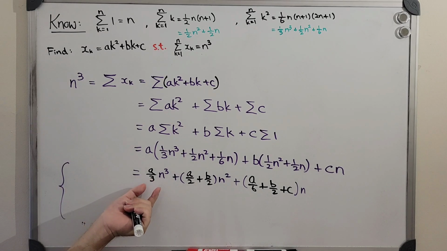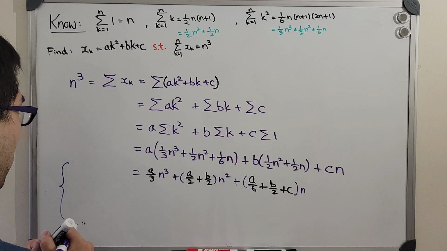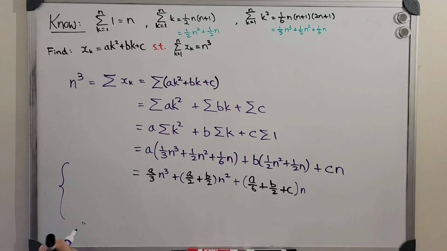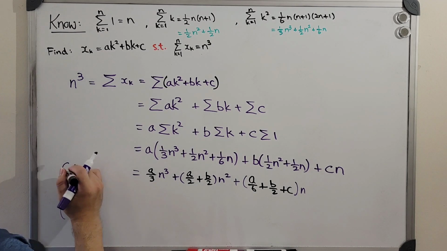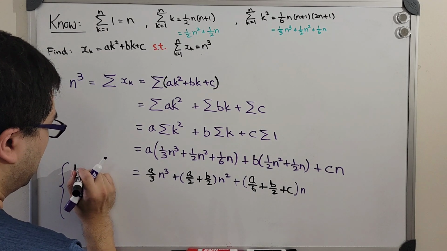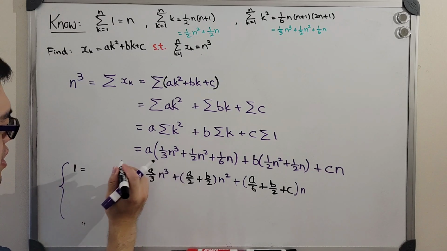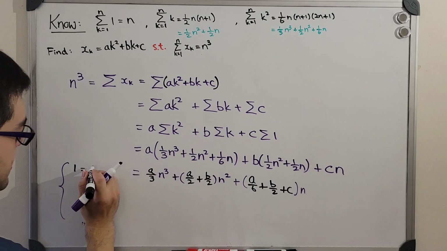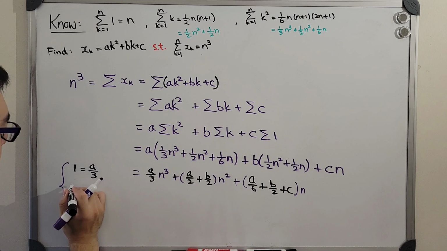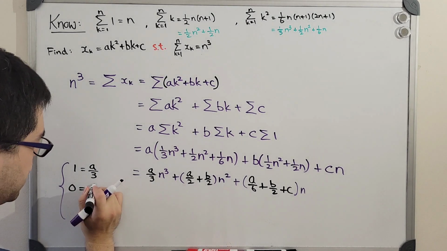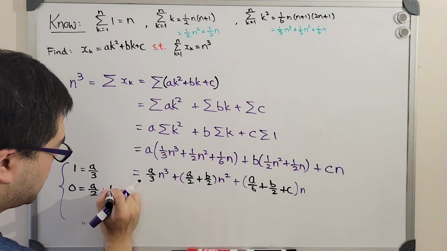by setting all the coefficients of the like terms equal to each other, which gives us the following system of equations. On the left hand side, we have 1 as the coefficient of n cubed, so 1 equals a over 3. Then we have 0 equals a over 2 plus b over 2.